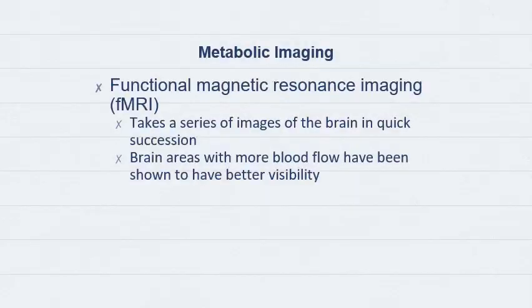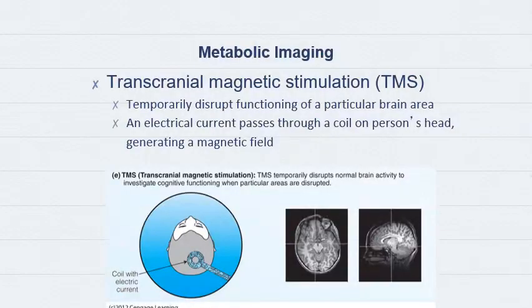So we also have here the fMRI that uses strong magnets, takes a series of images of the brain in quick succession. Brain areas with more blood flow have been shown to have better visibility. So mas makikita yung image or mas maganda yung production image kapag may blood flow dun sa specific part ng brain.